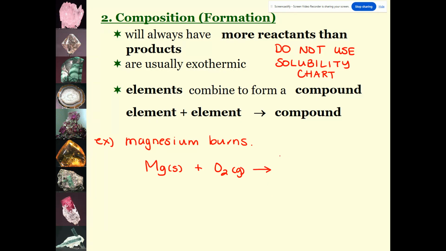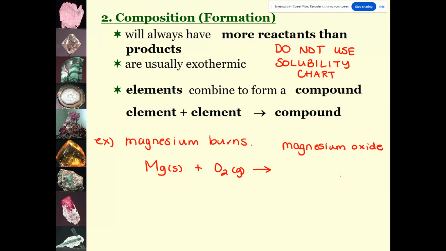It is composition. I have my element magnesium, which is a metal, reacting with my element oxygen, which is O2 when it's by itself, and a gas. Now the compound I'm going to make is magnesium oxide. So my elements combine to make a compound in composition reactions.